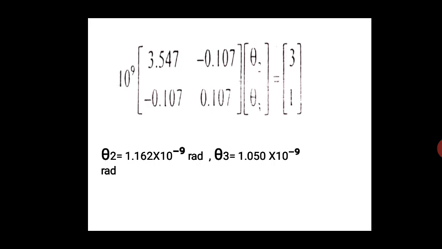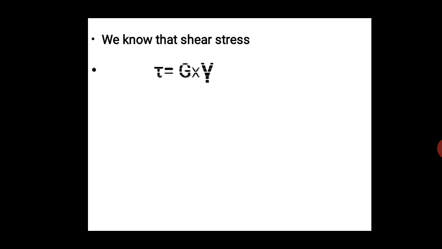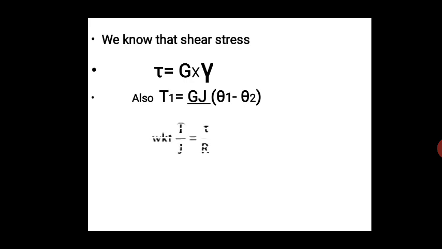And in the question, he has also asked to determine the stress in element 1 and the stress in element 2. Now we know that the shear stress equation can be written as tau is equal to G into gamma, where G is the modulus of rigidity and gamma is the shear strain. And here also we know the torque equation T is equal to GJ by L into theta 1 minus theta 2.